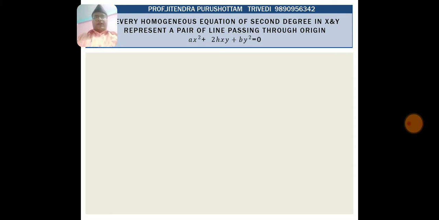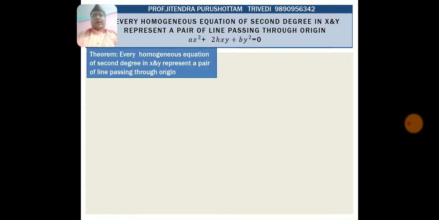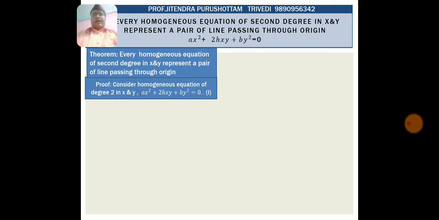That equation is ax² + 2hxy + by² = 0. So the proof: every homogeneous equation of second degree in x and y represents a pair of straight lines passing through origin. So first we consider the equation of a pair of straight lines.